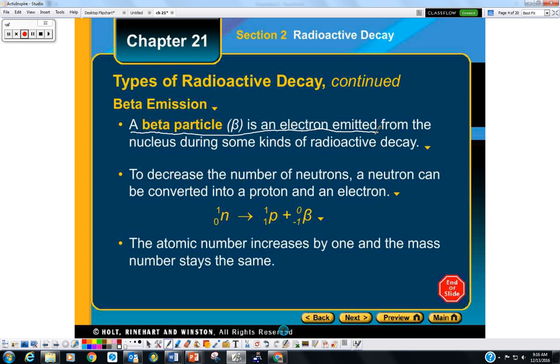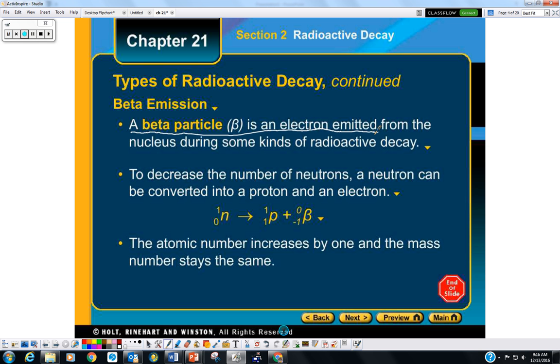As far as mass, what do we know about electrons in relation to the whole atom? If we lose one, very small. So does it really affect the overall mass of the atom? No, or not noticeably enough for us to even count it. It will affect the charge, though.